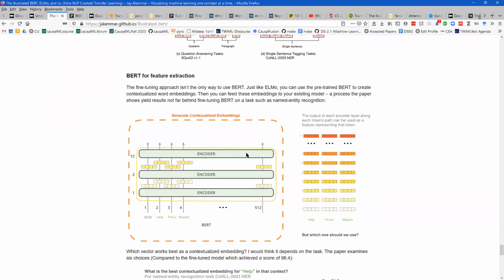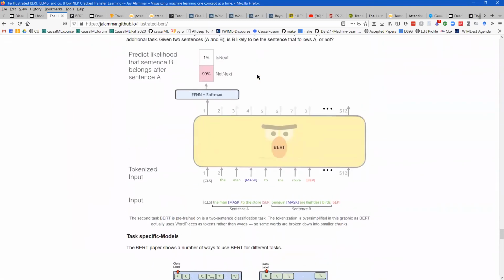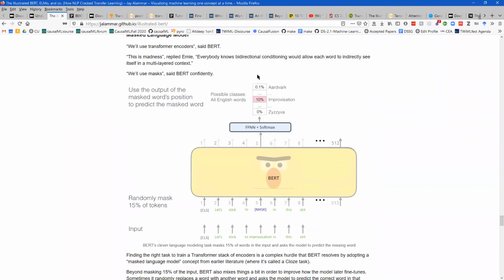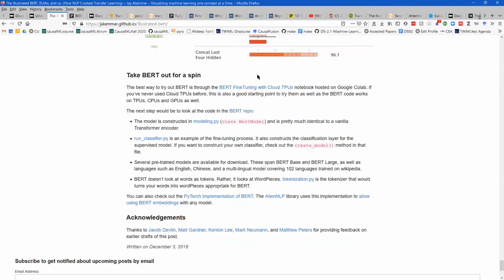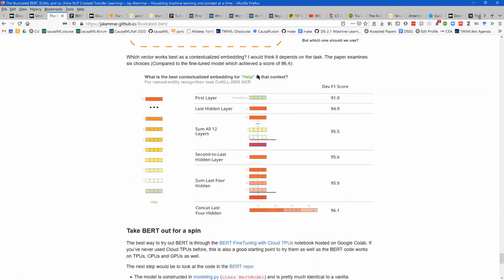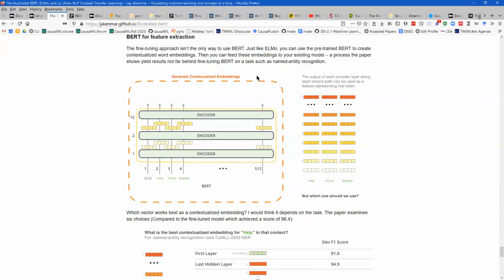So he says the pre-trained BERT, which we talked about up here, the one trained on the masked language model and the two-sentence tasks, can be used directly for finding contextualized word embeddings, just like ELMo does. So you do that, you get these contextualized embeddings, and then you can use them in whatever model you're working on.